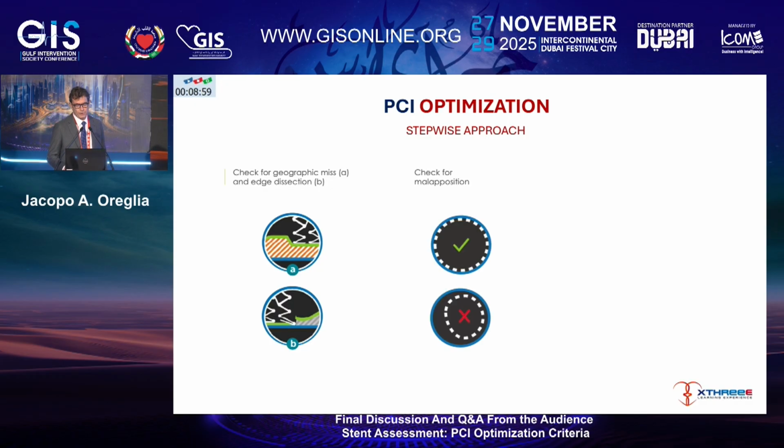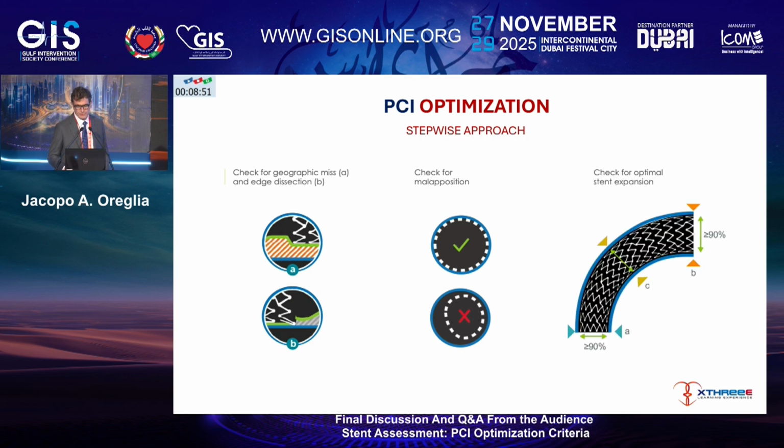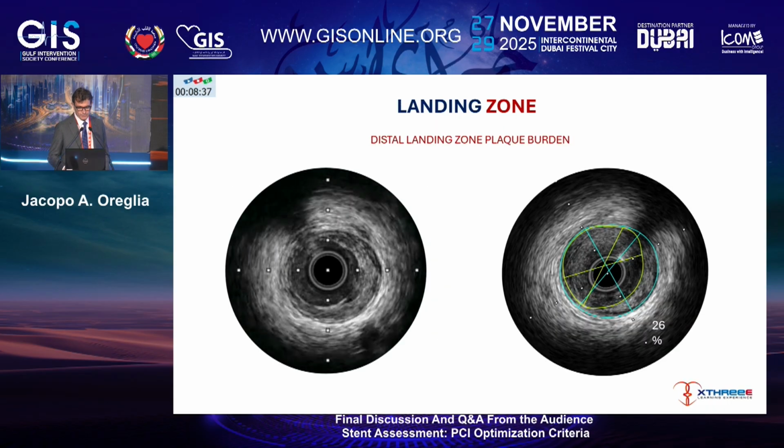Then we have to check for malapposition. That means we have a lot of struts that are not completely apposed to the vessel wall. And then we have to check for the optimal stent expansion, which is a sort of combination between absolute and relative measures that we can do in our stent after deployment and post-dilatation.